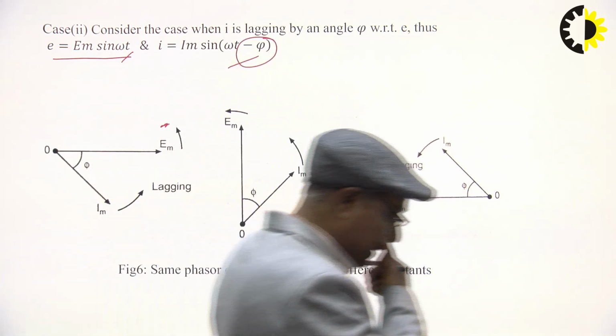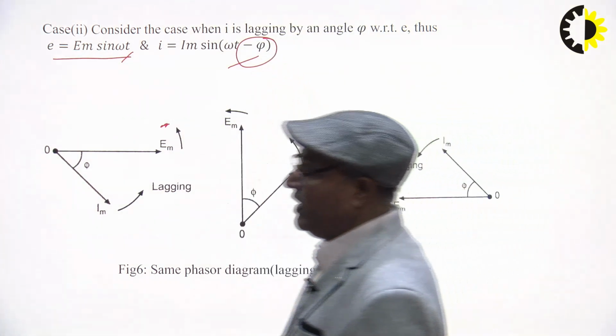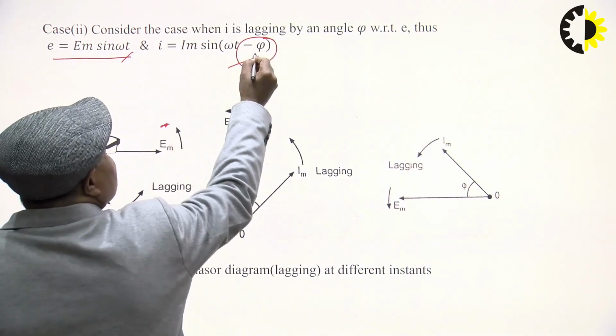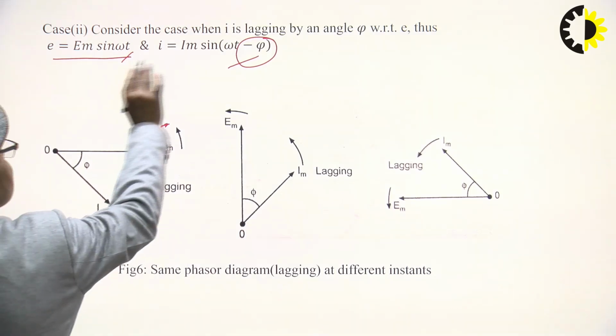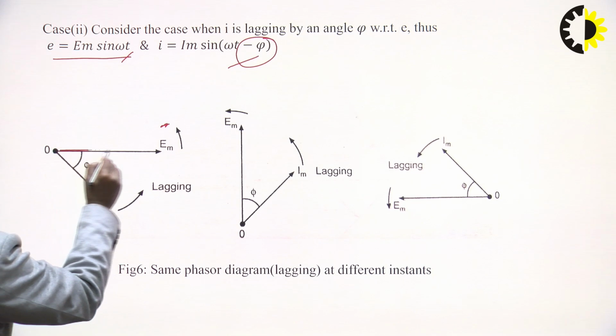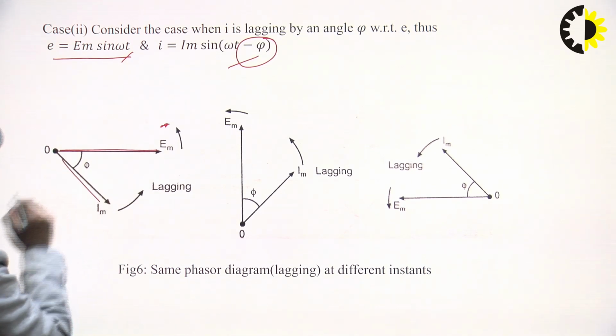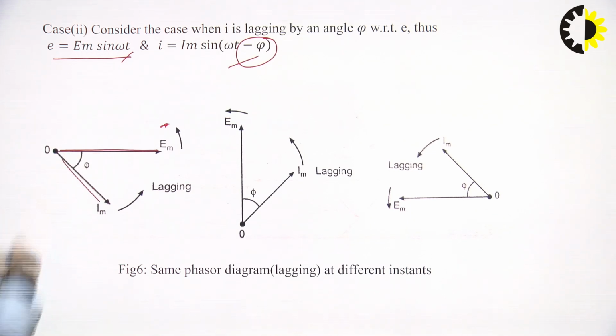Minus phi means I is lagging E by an angle phi, meaning the phase angle is measured below the x axis. So at a particular instant, E will be here and I will be here, and it is clear that I is lagging E.